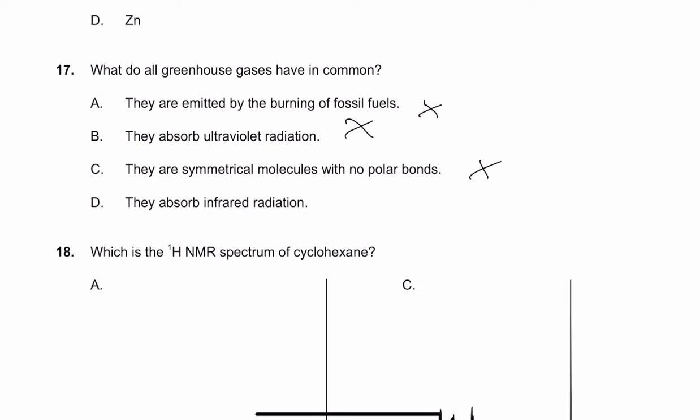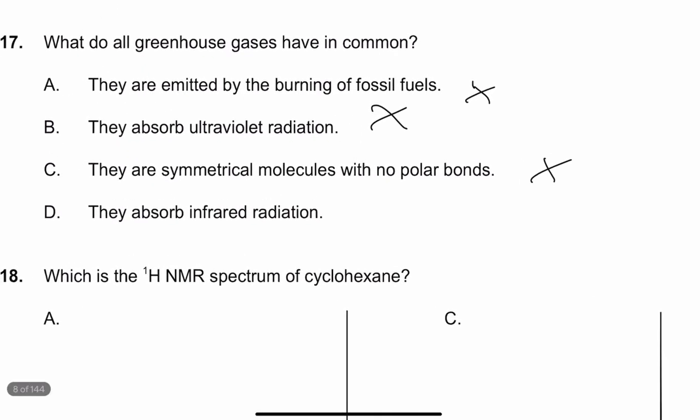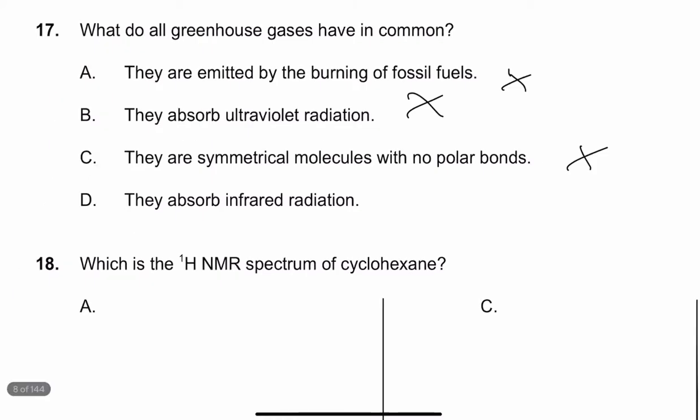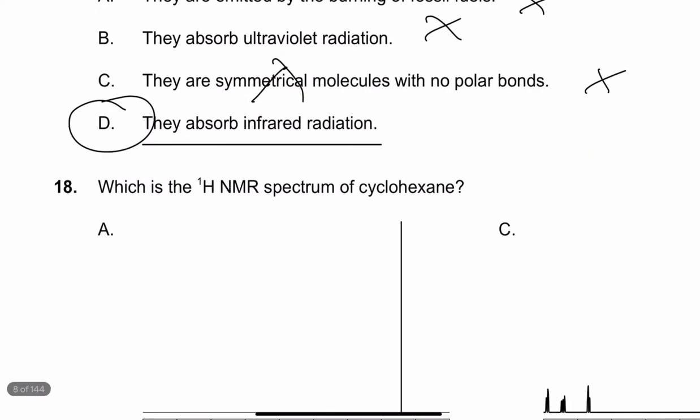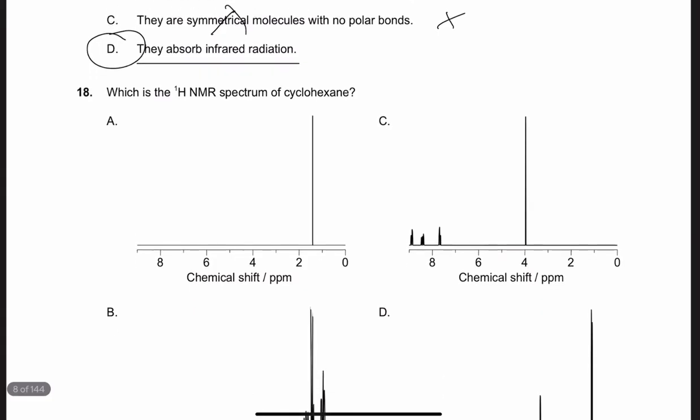Even if you wanted to check all the greenhouse gases to prove it, it'd be pretty easy to tell that they're not all symmetrical molecules with no polar bonds. And if you want to double confirm, we just look at D, and D is clearly the right answer because they do all absorb infrared radiation. That's about how the greenhouse effect occurs.